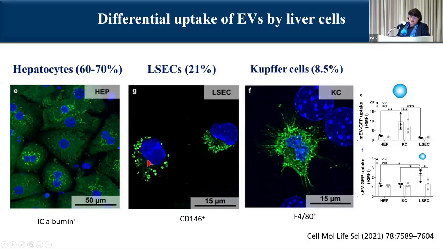It seems that the 21% liver sinusoid endothelial cells are the most active in the uptake of small EVs, and the professional phagocytic Kupffer cells, constituting 8.5% of the liver cells, are the best in uptaking medium or very large EVs.